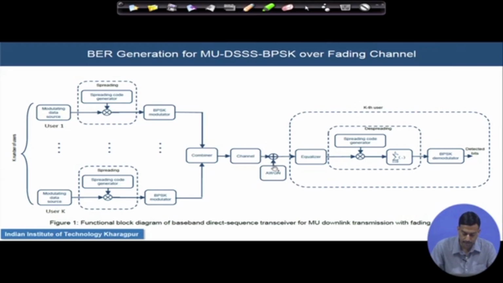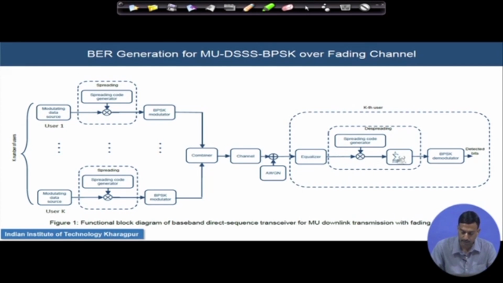At the receiver we have the AWGN noise, and after performing MMSE equalization we despread the signal using the spreading code of that user whose signal we wish to receive or decode.